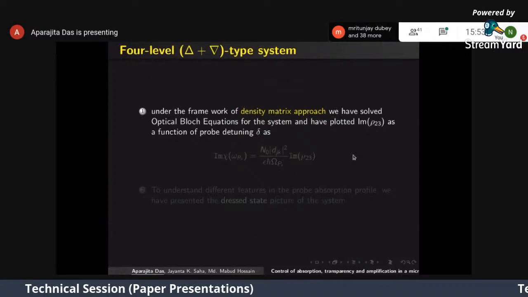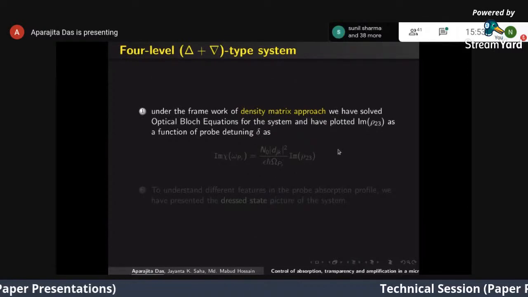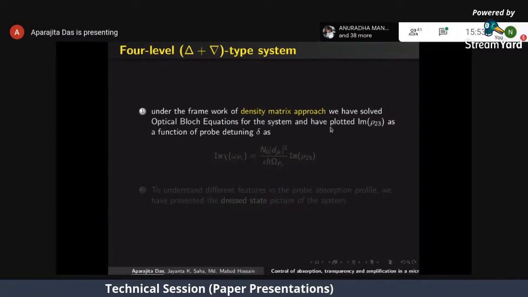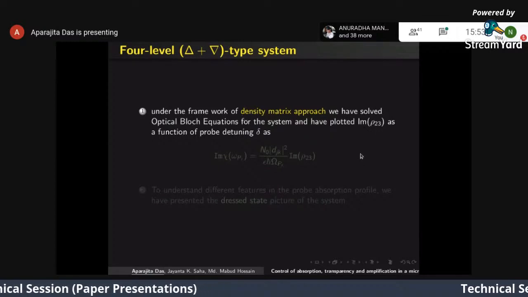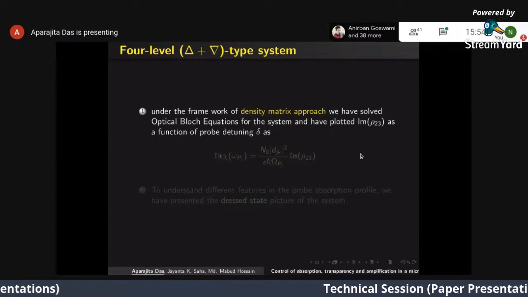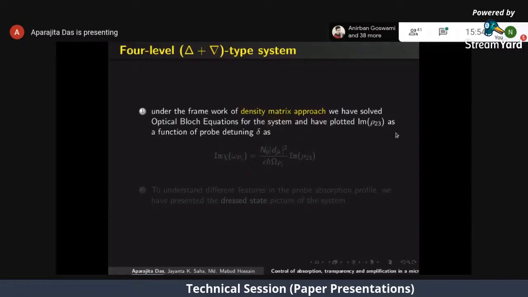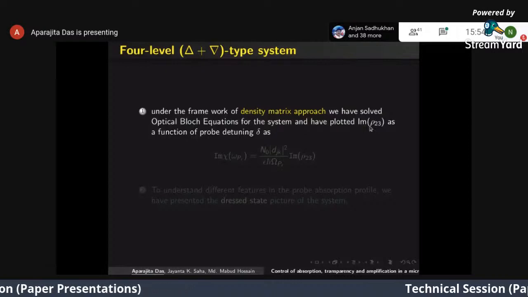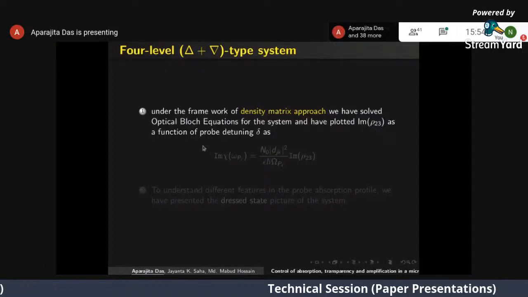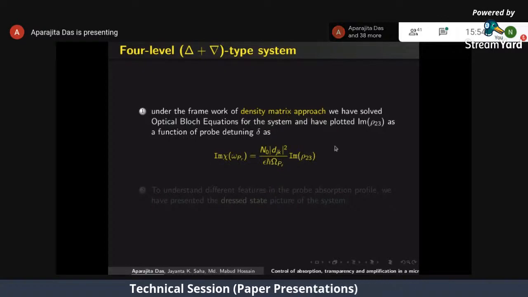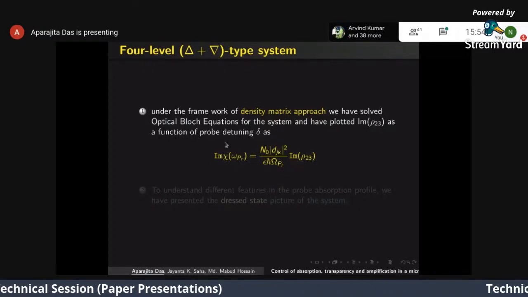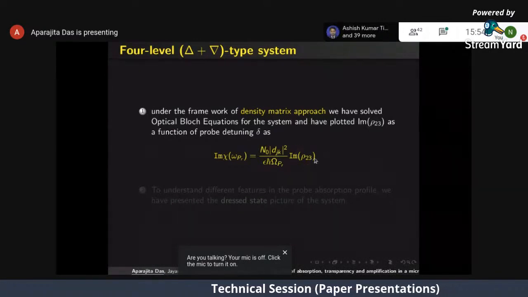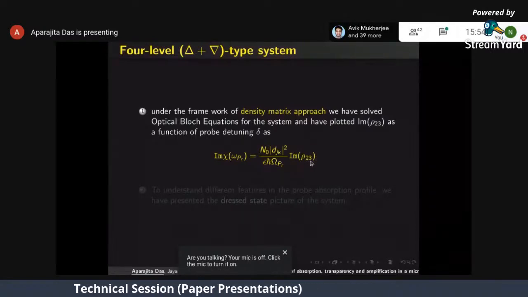So to analyze the probe absorption profile of this delta plus inverted delta type system, we have used the density matrix approach and solved the optical Bloch equations, and have plotted the imaginary part of the density matrix element corresponding to the probe transition as a function of probe detuning. By this formula, we can easily see that the absorption coefficient is proportional to the imaginary part of the density matrix element rho 23.